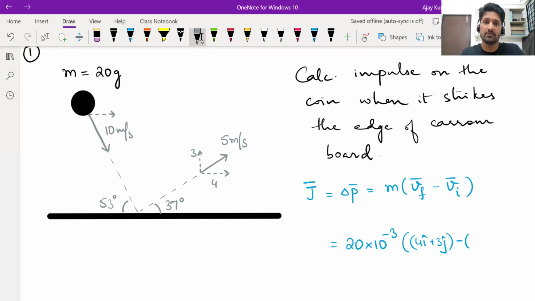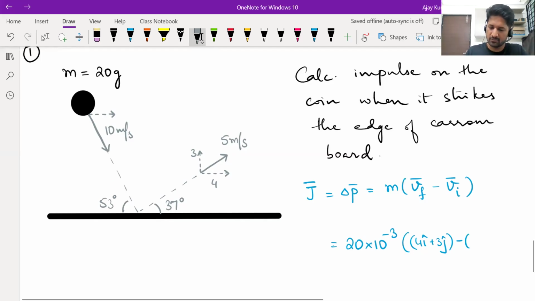Sir, 53 degrees. Then vector's magnitude is 10, angle is 53 degrees. How much is the component? Sir, in 37. You change your answer then. Sir, 6 i cap. Good.